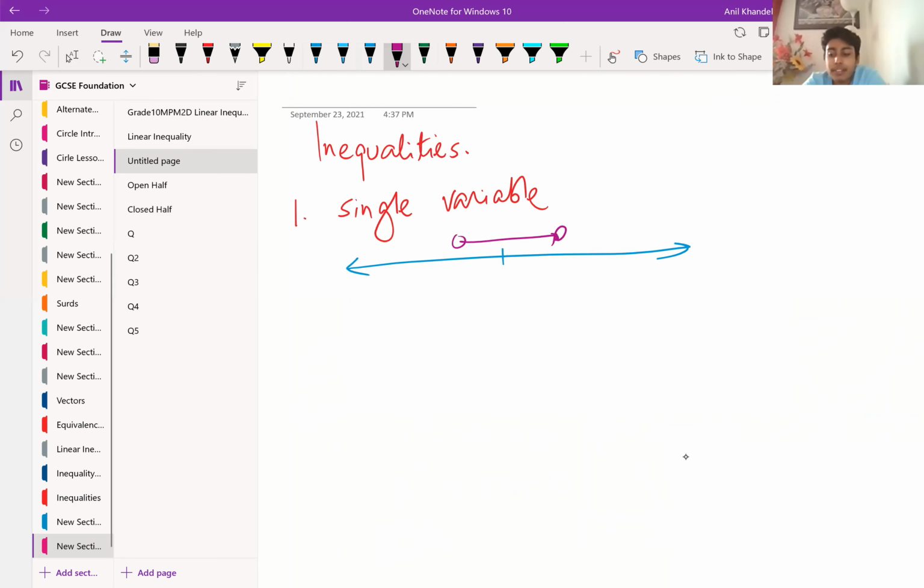If it is an open circle, it really means, let's say this value is minus 3, and this value is 4. In that case, we are saying that the solution is x greater than minus 3 but less than 4, correct? Yes, sir.